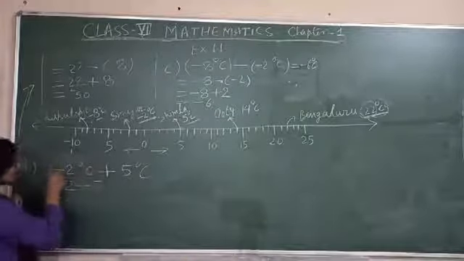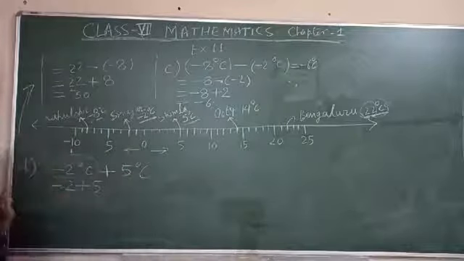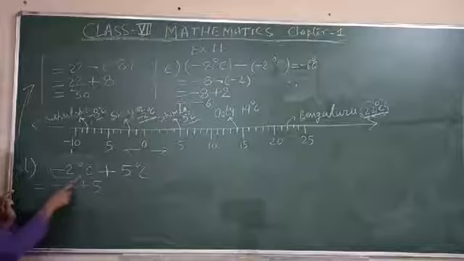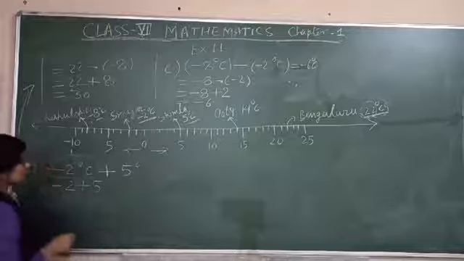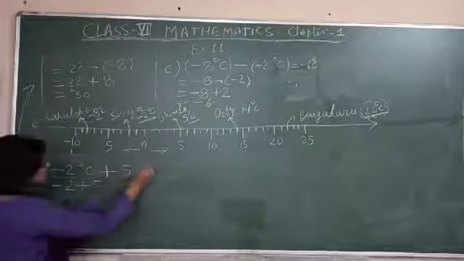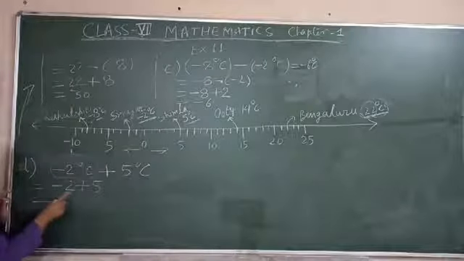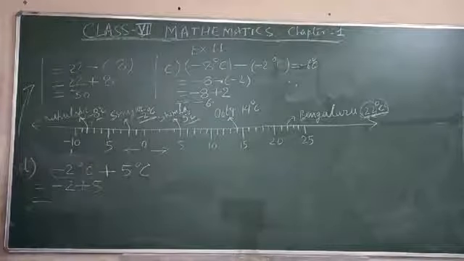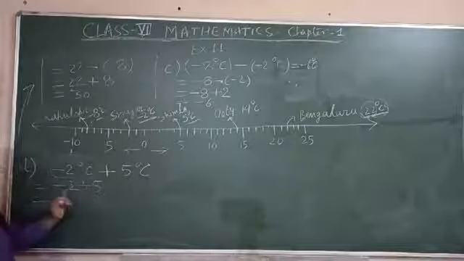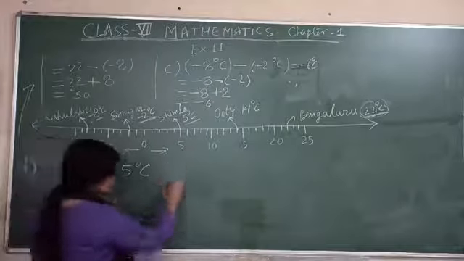This is the temperature of Srinagar and this is the temperature of Simla, in degree Celsius. Now if you have to calculate -2 plus 5, both have different signs. दोनों में अलग अलग sign है, so we will do subtraction here. This is just like that one.